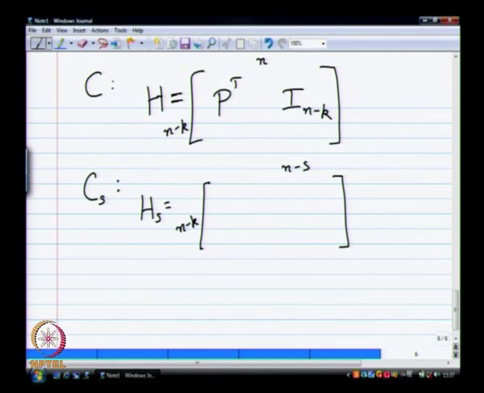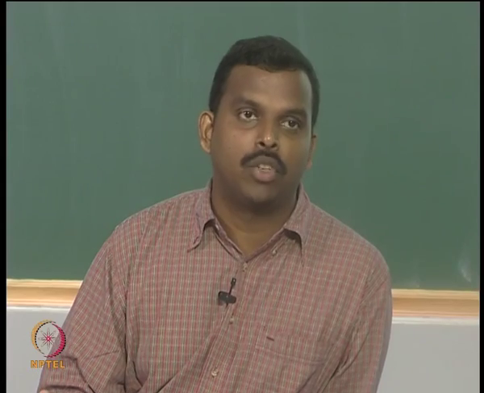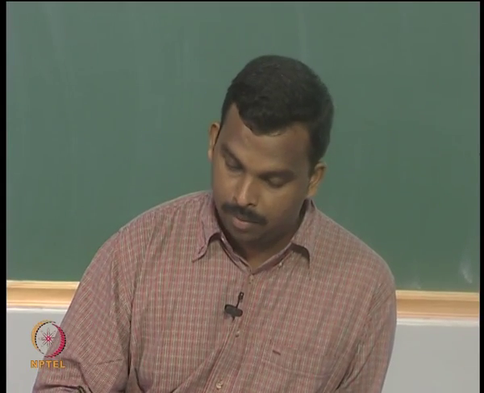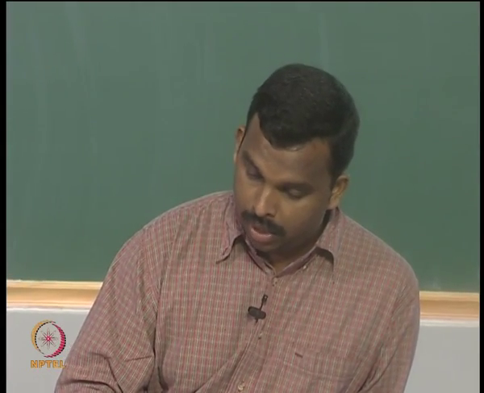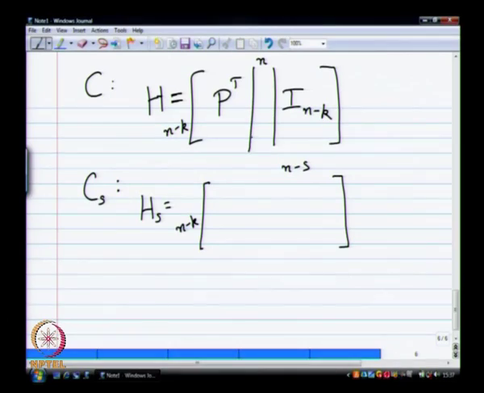S columns of P transpose. Okay, the last s columns of P transpose have to go. Okay, so that is the idea. So you will just look at the last s columns of P transpose and it will go. Okay, remove the last s columns, you will get this guy here.